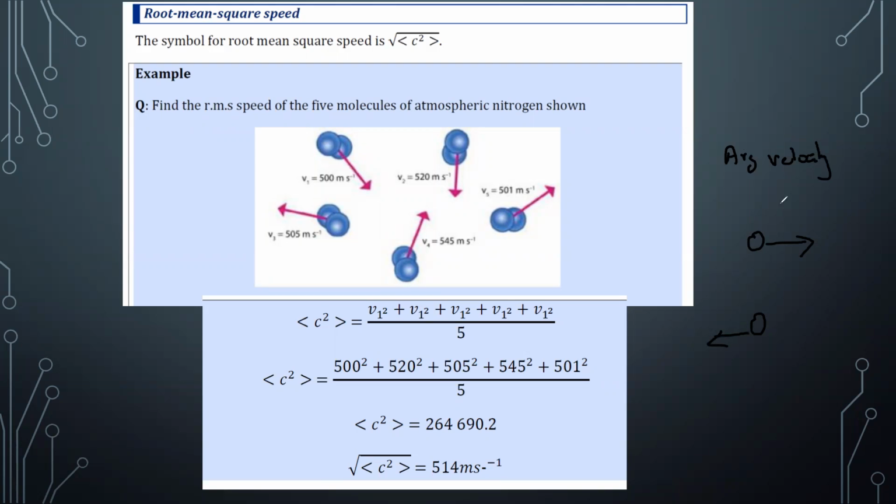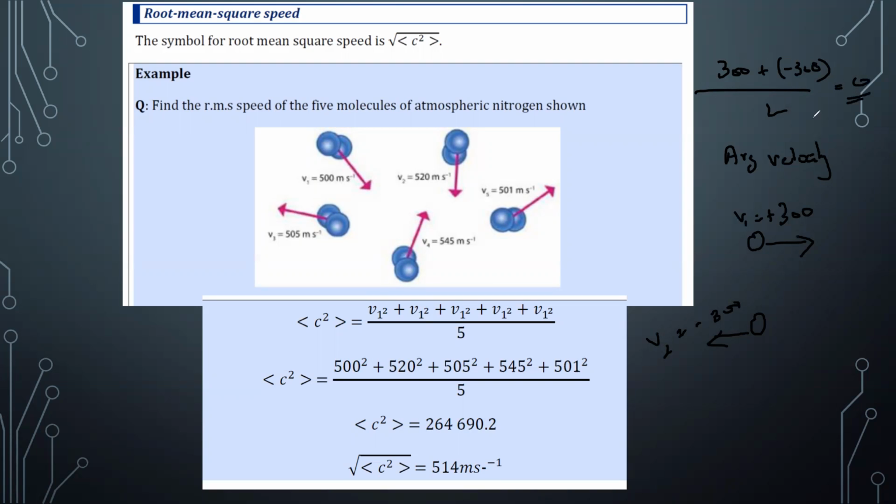So if I say this is 300 and this is also 300, but for average velocity, if this is positive, this will be negative. So if particle 1 has velocity V1 and particle 2 has V2, when I try to take an average, one is moving towards the right, another towards the left. So it will be 300 plus minus 300, divided by 2. So the average will be 0.